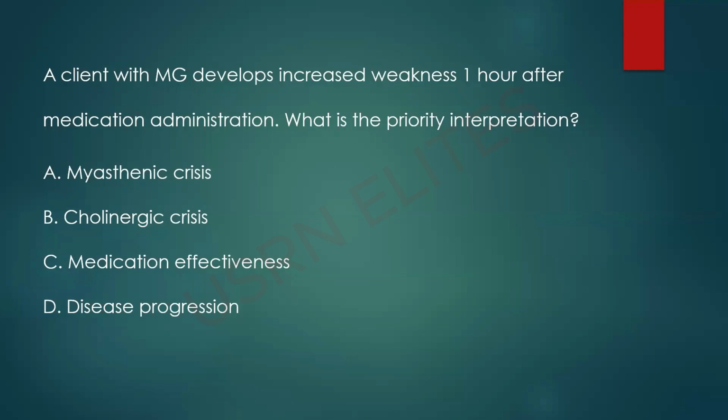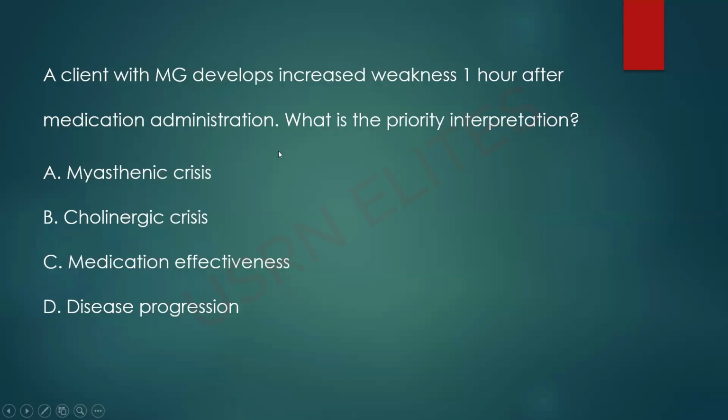They did not mention any medication here. They are just giving you a clue: a client with myasthenia gravis. They did not give you any clue about whichever medication was mentioned. They said they gave a medication and weakness increased 1 hour after giving it. You can't think of whether it's a myasthenia gravis medication or not, it wasn't mentioned.